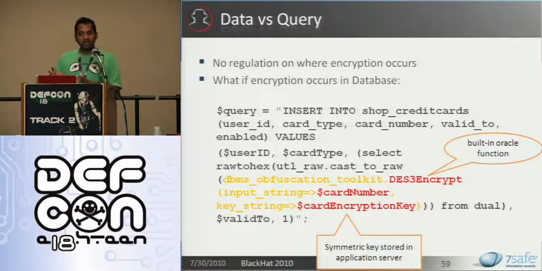So whenever that query executes on the server, if I can get a log of that SQL query, then I'm pretty much done. If I can obtain that query, then I don't really care about the data, because that query will have the clear text PAN, and more importantly, it will have the clear text key string. So I am not interested in the data, I'm interested in the query.